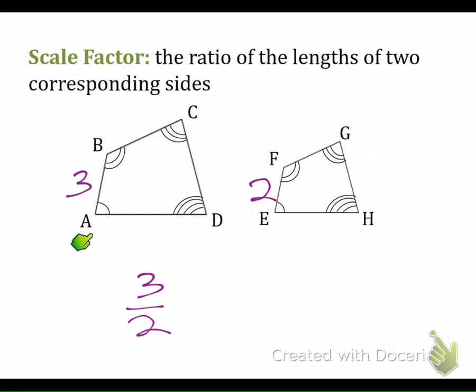So it'll say like the scale factor of ABCD to EFGH, and that would be 3 over 2. It might say, though, the scale factor of EFGH to ABCD, and you'd have to use one of these lengths first, then this one, okay? And we always reduce with scale factor.